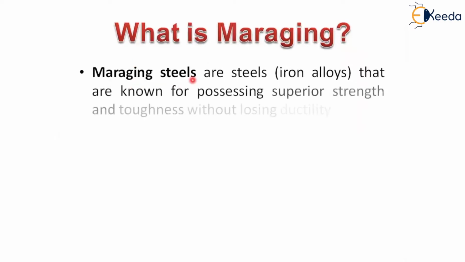The next process in the TTT curve that we can explain here is the maraging process. What is this particular heat treatment, and what is the result of this process? Maraging steels are steels known for possessing superior strength and toughness without losing ductility. In the conventional process we get martensite, but we can't get ductility.